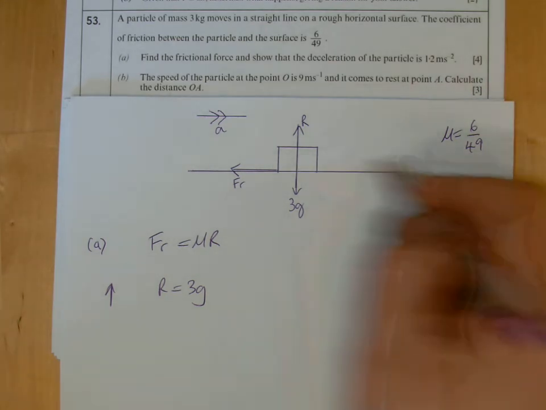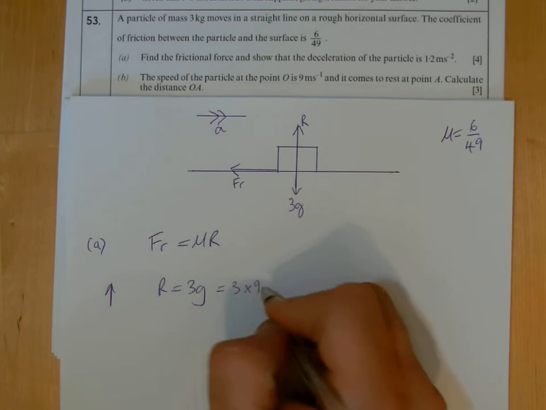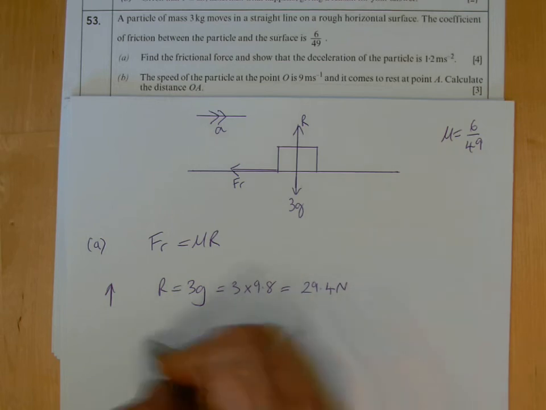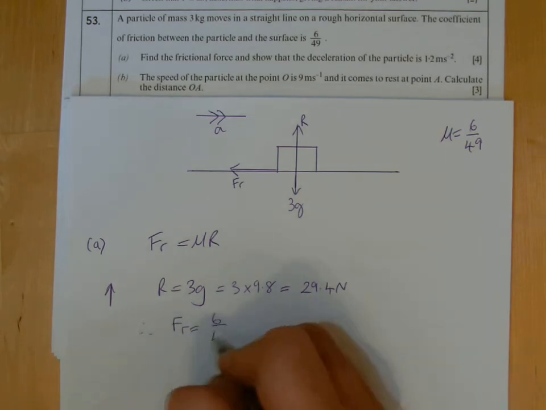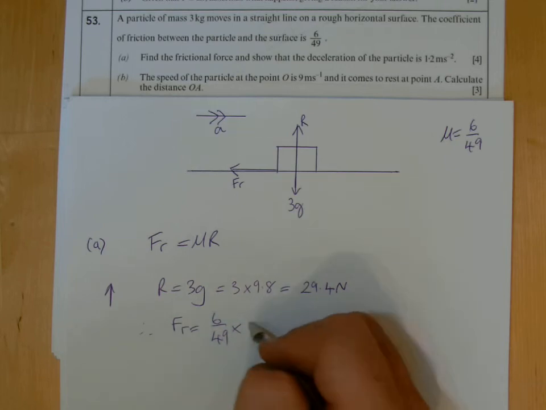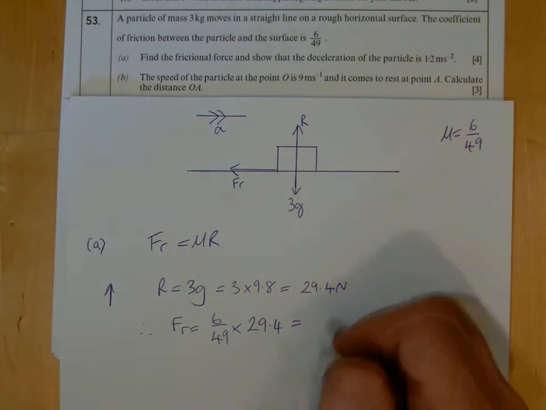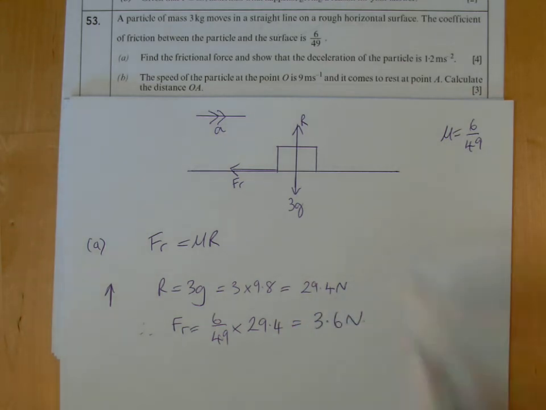So R is 3 times 9.8, which is 29.4 newtons. So the friction is mu, 6/49, times the normal reaction, 29.4. On my calculator, I get 3.6 newtons.